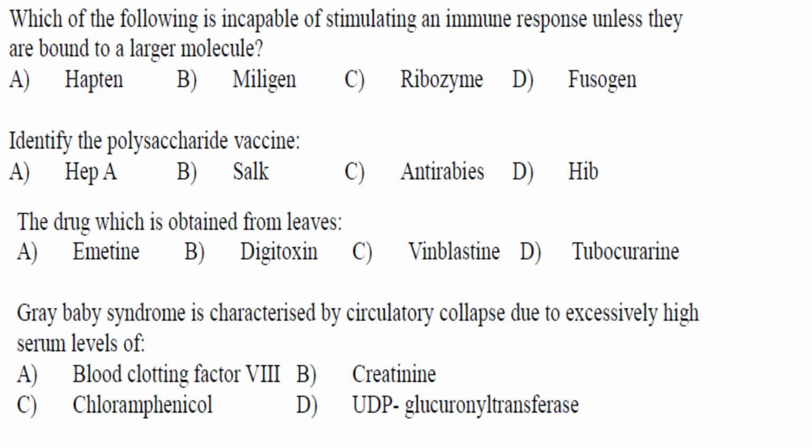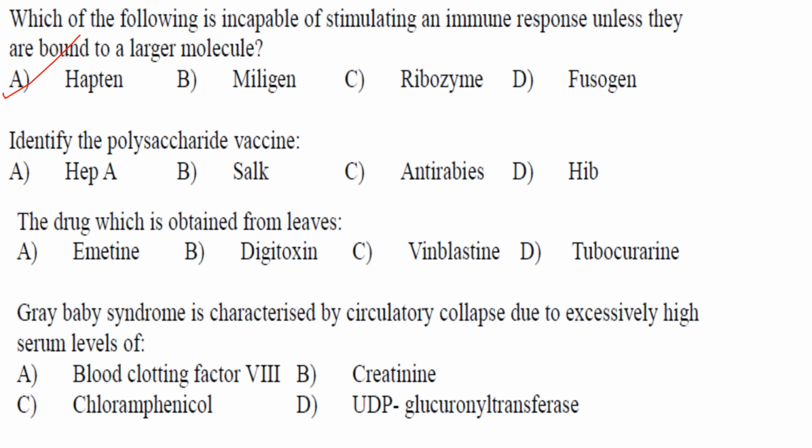Then next one. Which of the following is incapable of stimulating an immune response unless bound to a larger molecule? It is a hapten. What is a ribozyme? An RNA molecule with enzymatic activity, and fusogen facilitates cell fusion. Then identify a polysaccharide vaccine. A polysaccharide vaccine will have polysaccharides from the bacterial cell wall.